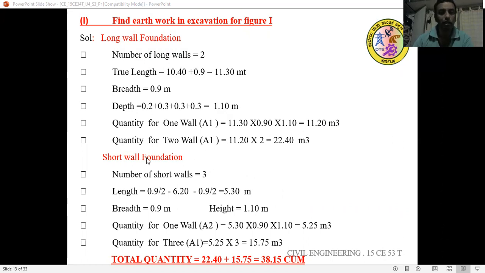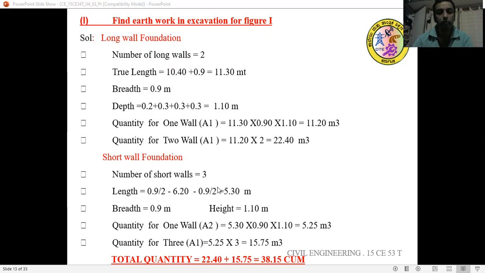Similarly, we have to calculate the short wall in foundation. Number of short wall is already told, 3 numbers. The true length of the short wall is calculated by using the formula 6.2 minus 0.9, or you can use 6.2 minus 0.9 by 2 and minus 0.9 by 2.